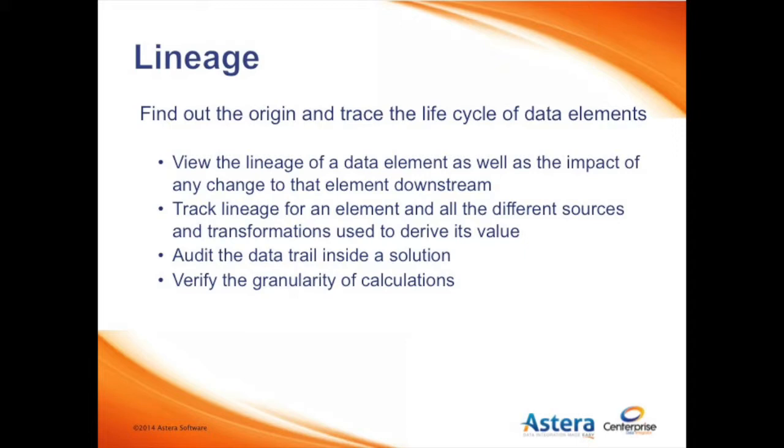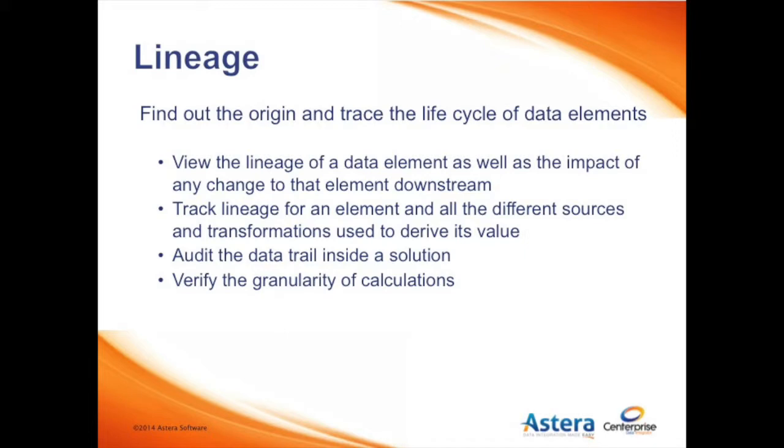The goal of the lineage is to find the origin and trace the life cycle of data elements, be it at the field level, the action level, or even the document level inside a project. The project becomes the container or the scope of the lineage, whether it is for fields, actions, or documents themselves.